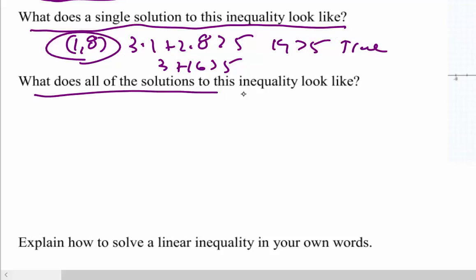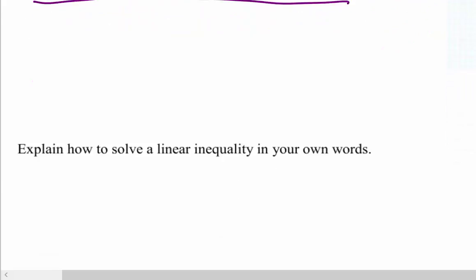So what does all the solutions look like? Well, it's referred to as a half plane, which is kind of weird to have half of something that goes forever, because a plane is supposed to go forever. So, how do you actually do it?